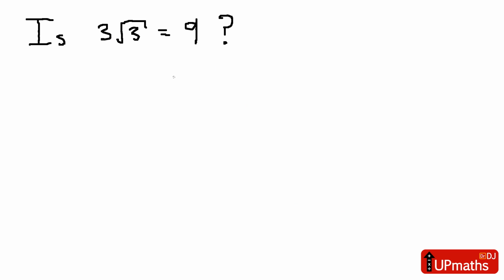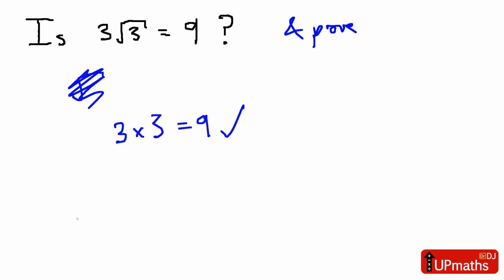Is 3 root 3 equal to 9? I'm going to say obviously not, because how could I prove this? Let's suppose it said "prove". So that was the question. Well, 3 times 3 is 9. I know that's true. And 3 times root 3 is less than 3 times 3.